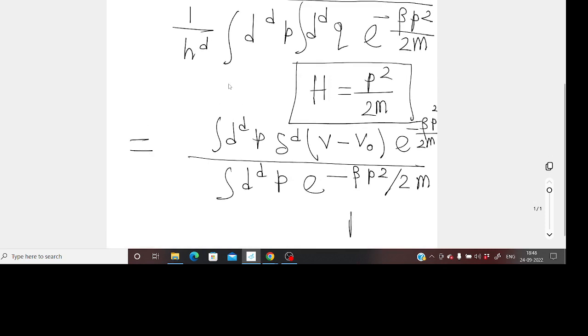Now this p is equal to m into v, mass times speed. This is the momentum, p is the momentum. Okay, now let's replace them.